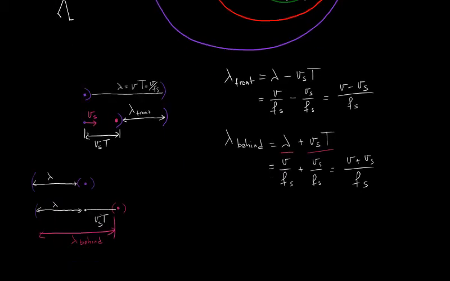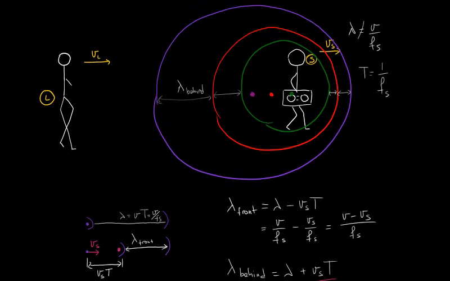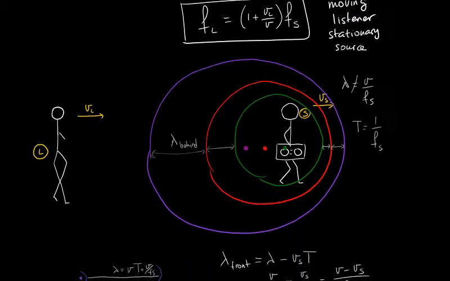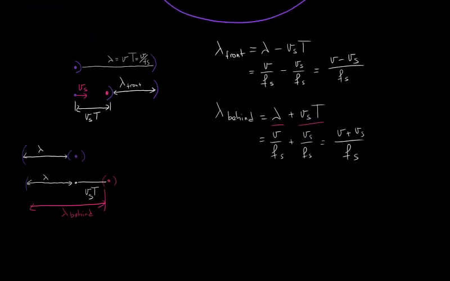Now to see what a listener behind the source is hearing, we're going to refer to our expression for the f listener that equals v plus vl over v times frequency of the source. Actually, I can write f listener equals v plus vl over lambda behind. That's an easy way we can write it.